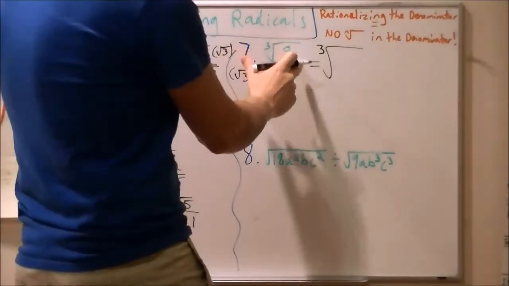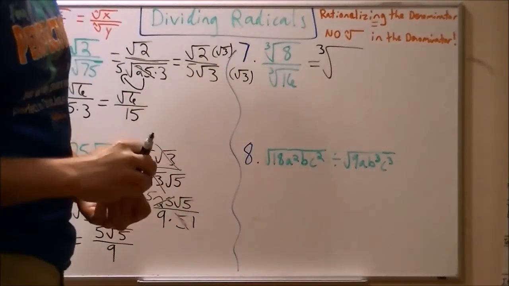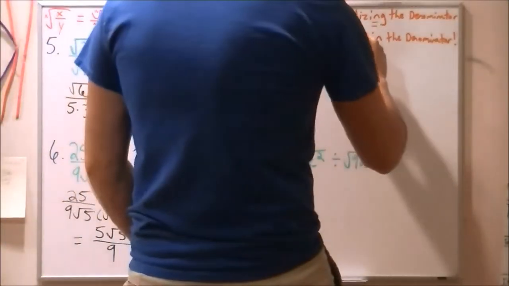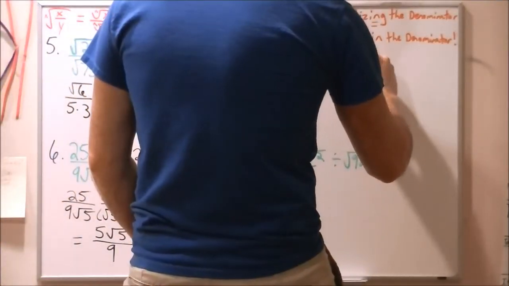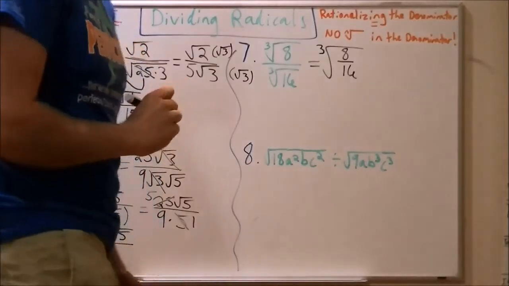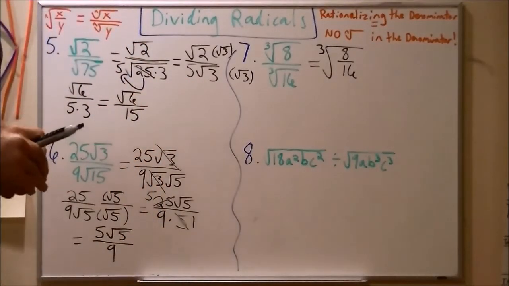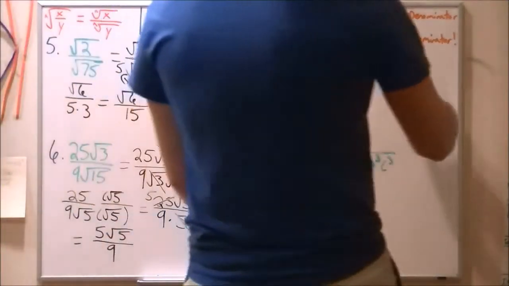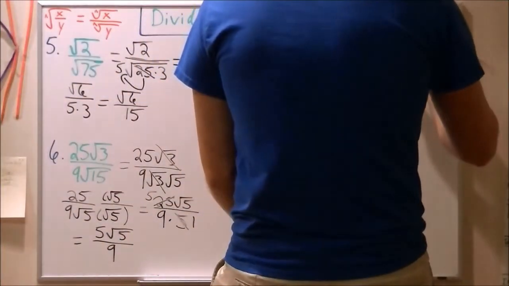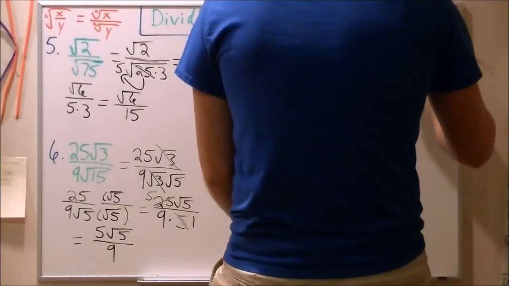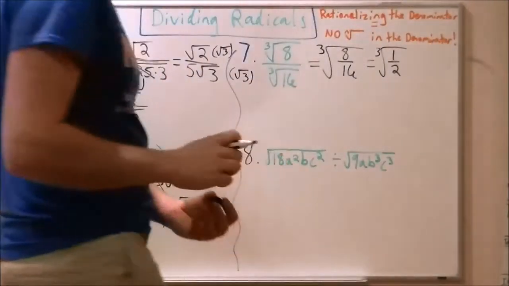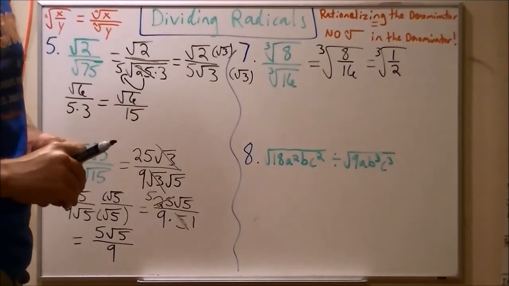And so let's do that. And the reason is I notice a commonality between 8 and 16. I can put 8 over 16 under the same cubed root. And here's why I like to do that. How can I reduce that fraction 8 over 16? Obviously, 8 over 16, keep your cubed root sign, is nothing more than 1 over 2.